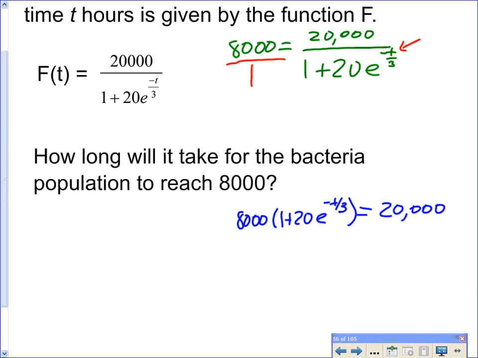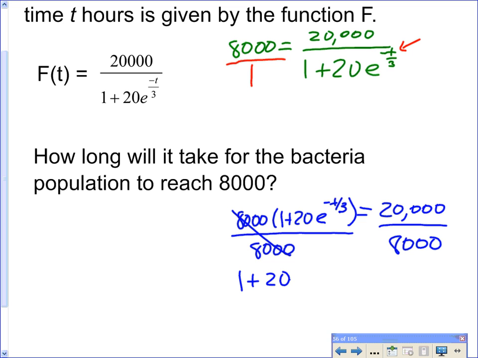All right. Now I'm solving for t. It's in the numerator now. That's great. Solving for t, so let's try to work towards isolating it. So I'm going to divide both sides by 8,000. Those cancel. 1 plus 20 e raised to the negative t over 3 is equal to 20,000 divided by the 8,000 is going to give me 2.5.